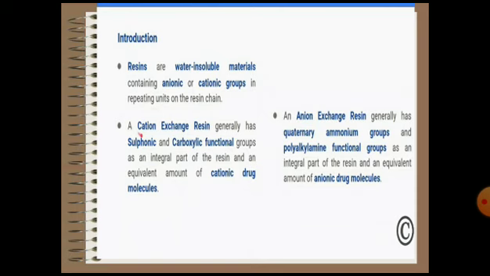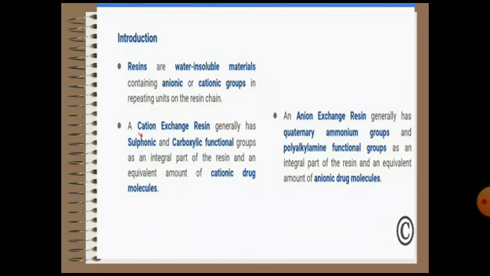So that's why we call it a cationic exchange resin. Why? Because it has cationic drug molecules complexed with the sulfonic or carboxylic functional groups. Okay, I hope you understood. That is called a cation exchange resin.